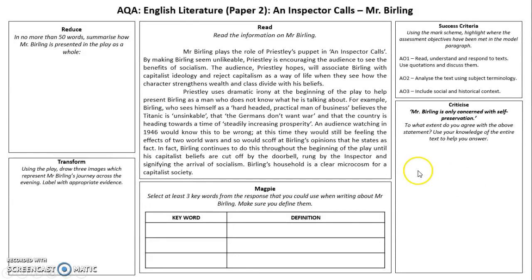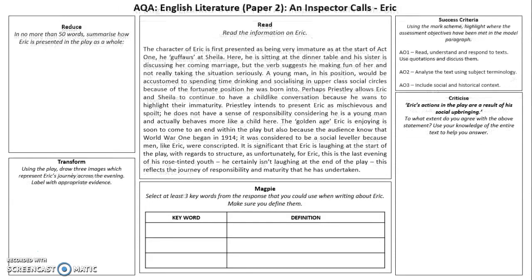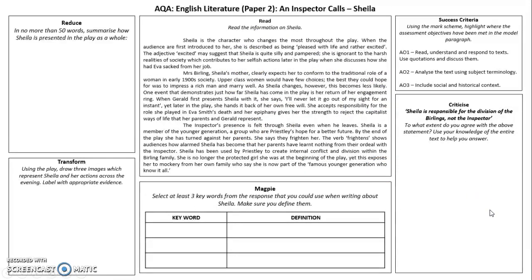The skills actually get harder, so you start off simple, and then you've got the criticise task, which is a level 8 or 9, to what extent do you agree question. That's followed by Eric, so looking at the character of Eric, we've got summary information about his character there, and a similar structure.